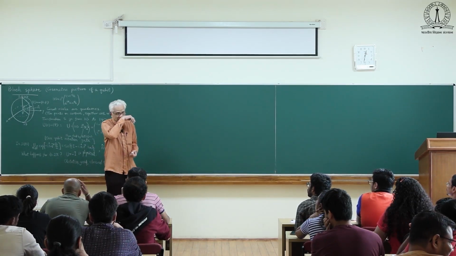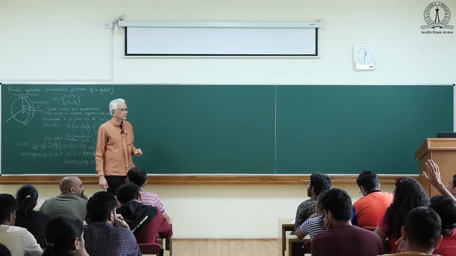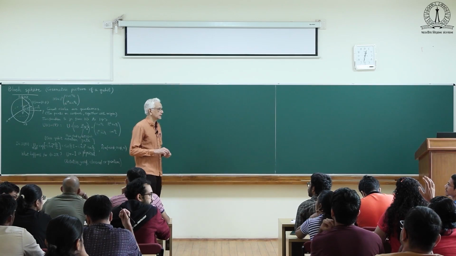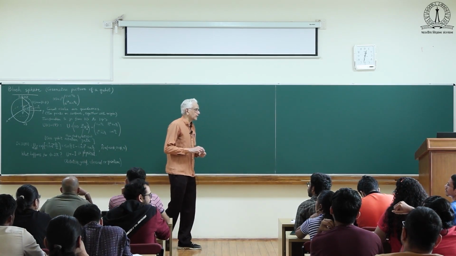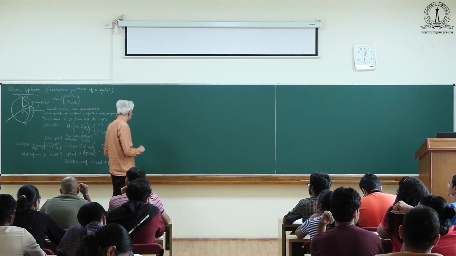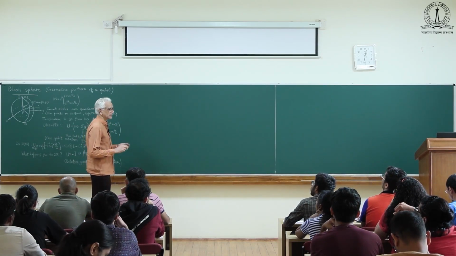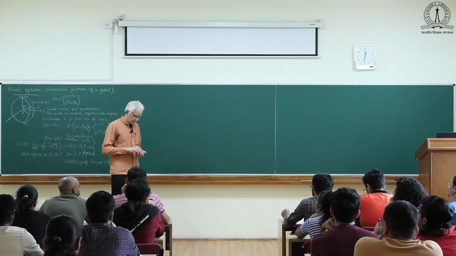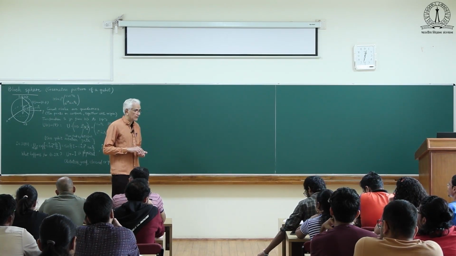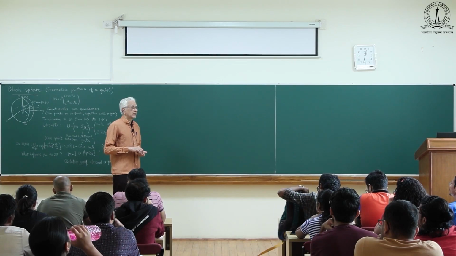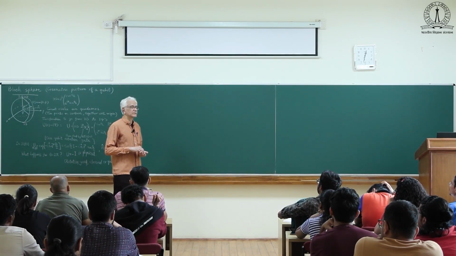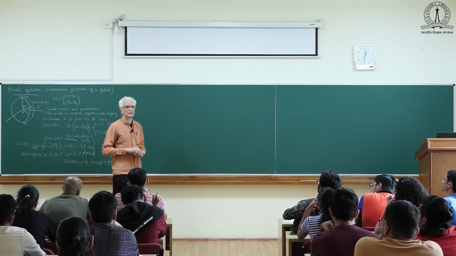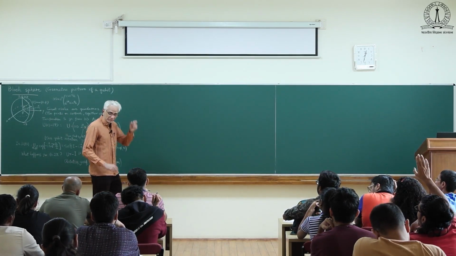Now I want to go to a different topic, which is much more important in quantum theory than the vector space language which I have been talking about, and there is good reason for that, but it is not introduced that way in physics textbooks.